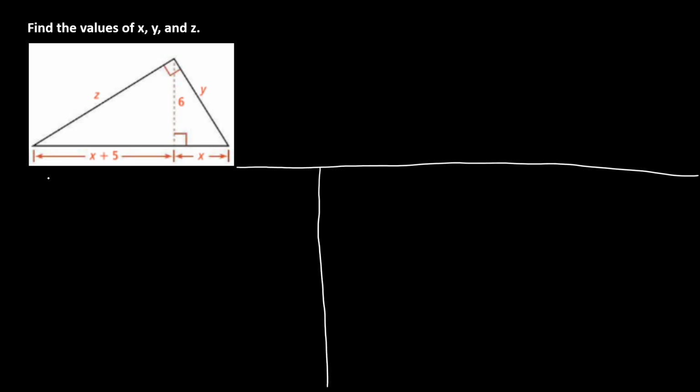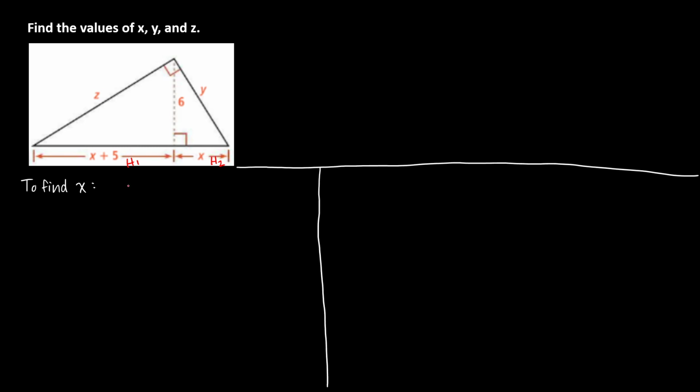And I think I want to tackle finding x first. So to find x, I know that the places where I see x are in the hypotenuse of my bigger right triangle. So let's call this hypotenuse part 1 and hypotenuse part 2.